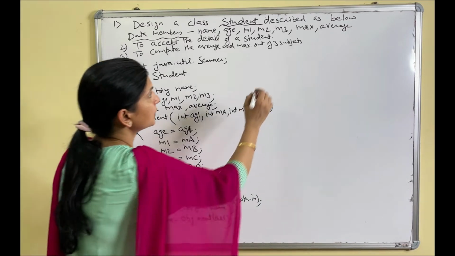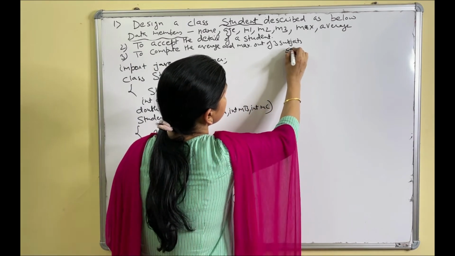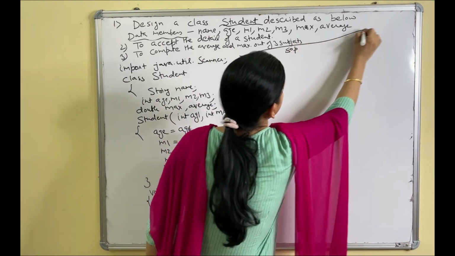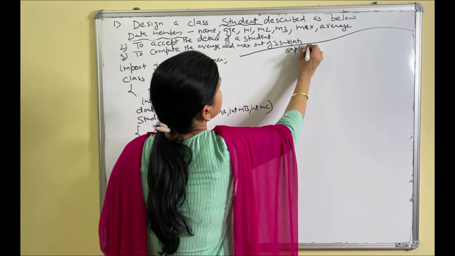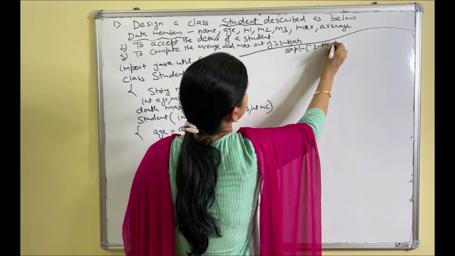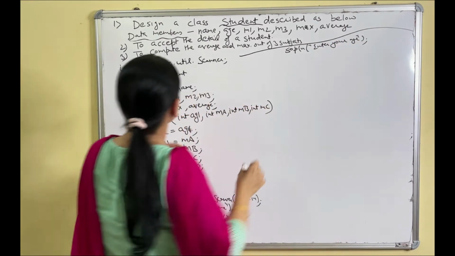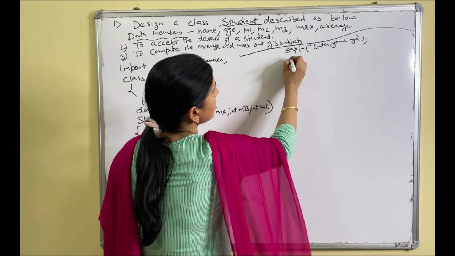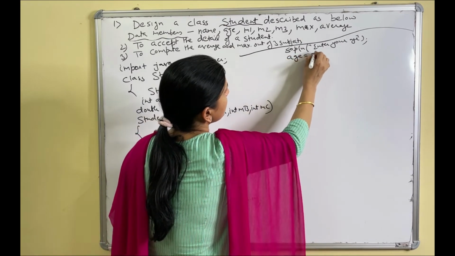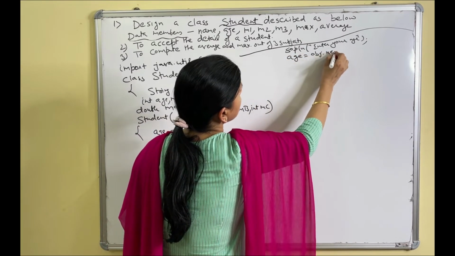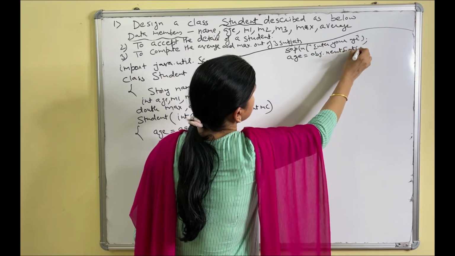Next we will use SOPLN, enter your age. As we have taken the age variable, age = obj.nextInt().